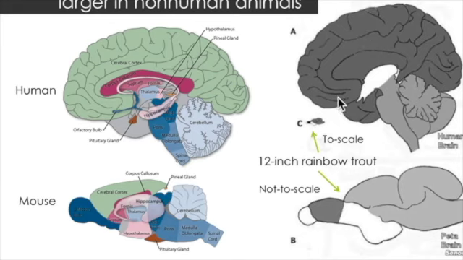The dark gray represents the cerebral cortex, the cerebrum, and you can see how, when you blow up the rainbow trout brain, the rainbow trout has a proportionally much smaller cerebrum. However, the fish brain has a proportionally much larger brainstem, right? So again, these homeostatic functions are probably much more important, relatively speaking, to the trout.